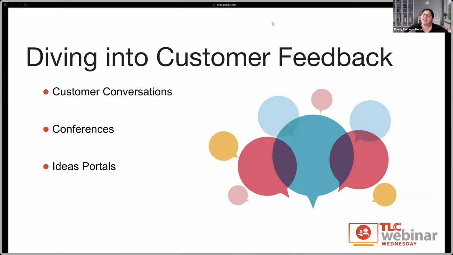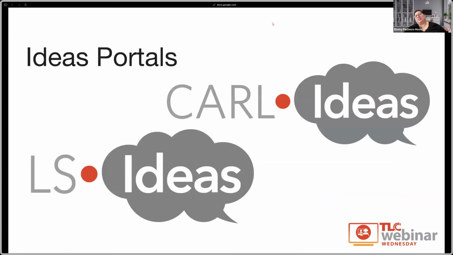They can simply go to the ideas portal and submit an idea. So we're going to go ahead and dive into those next. Ideas portals. We do offer our two ideas portals, one for our Carl ideas, which is utilized for Carl Solution, and one for Ellis ideas, which is utilized for Library.Solution and Library.Solution for Schools.